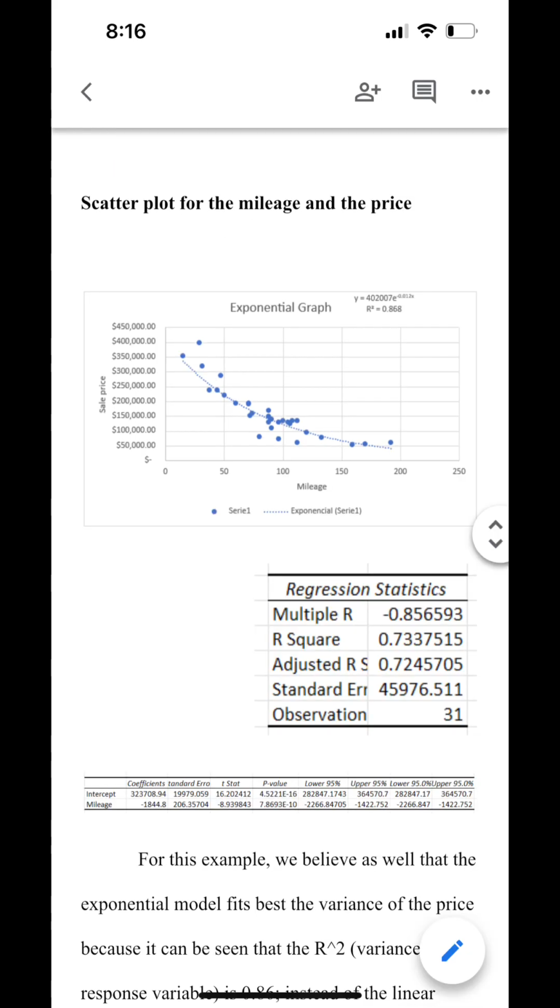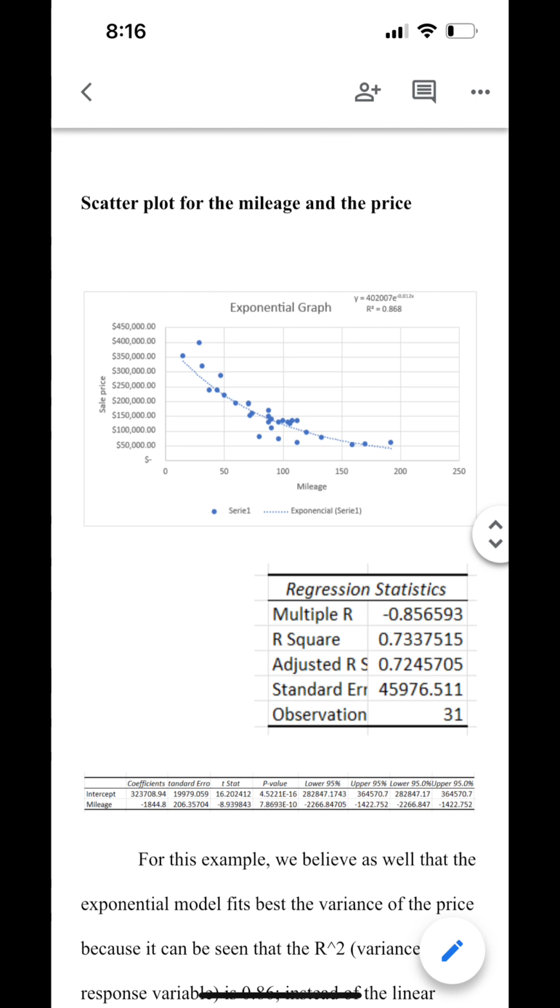Now, in the mileage and price graph, the R-square value was of 73% of variations in price explained by the mileage. This percentage was lower than the other graph, and a lot of unknown information was unexplained. Regarding the correlation of the variables, the number obtained was minus 0.85, which can be considered as well a linear negatively strong correlation.